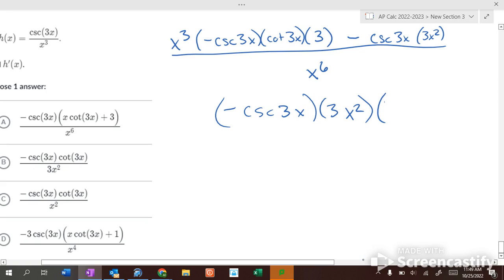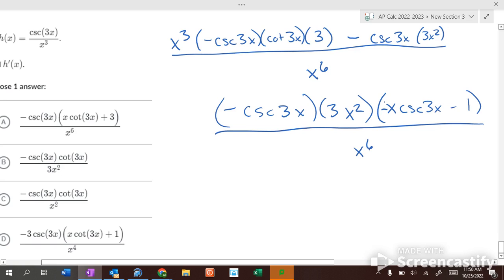So then what is even left? Well, there's an x left here times this one, x cubed. X cubed and 3 is 3. So there's an x and then a negative and then a cosecant of 3x. What's left back here? Nothing, so it's a 1. Cotangent of 3x.